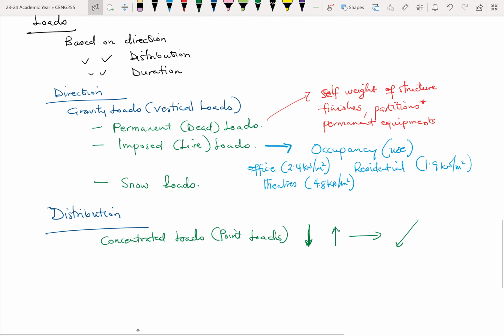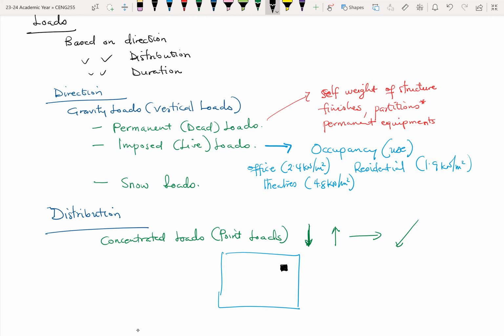The reason why we call certain loads point loads is because when we compare the cross-sectional area, let's say the floor area, now we compare the position of the load. Okay. So even though this load has an area, a length and width, the area of the load is very small compared to the floor area.